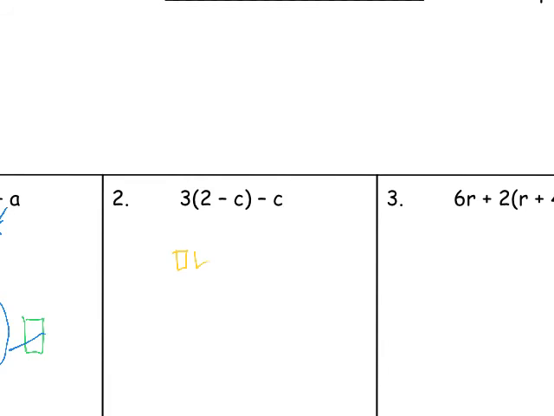Okay, I have 2 unit tiles and 1 negative variable tile, which is what the minus c is. How many times do I have this package here? Well, I have it 3 times, so let's do that.